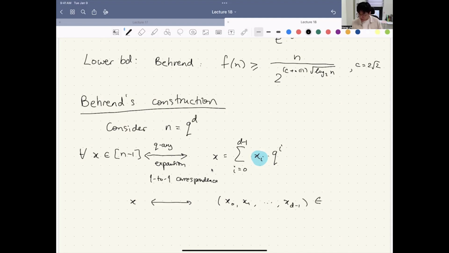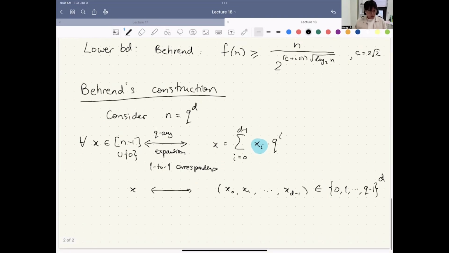The all-zero vector corresponds to the number 0, so this lives in the set {0, 1, ..., q minus 1} to the d. We have a one-to-one correspondence from a number to this vector. Let's define this map, pi. So pi of x is this.